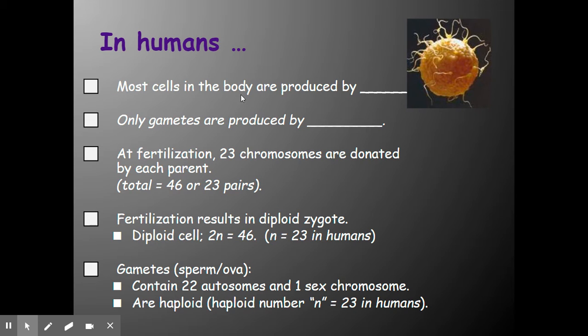Our body cells are produced by mitosis, whereas only gametes are produced by meiosis.